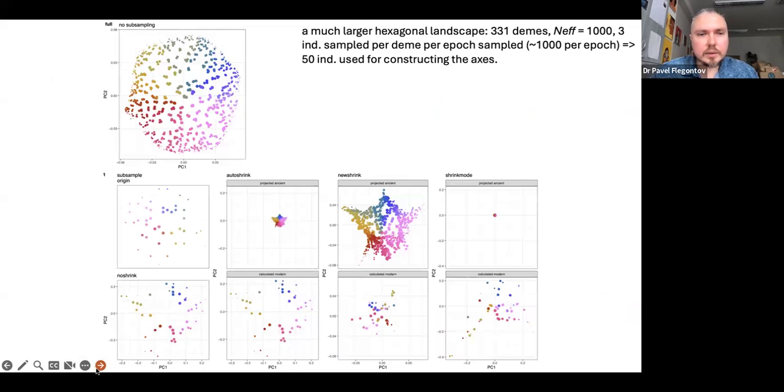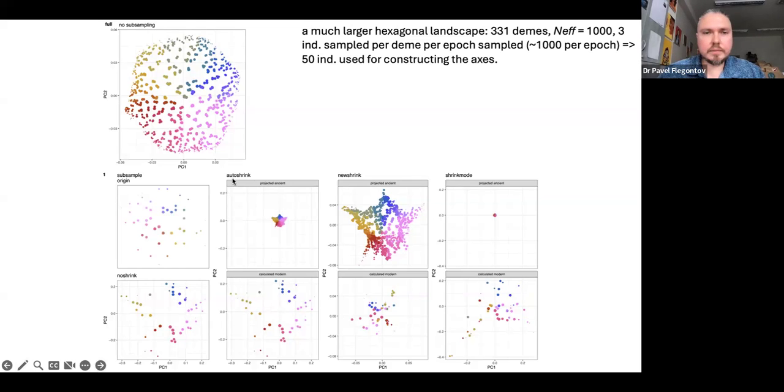So we explored 3 kinds of projection algorithms, because in Nick Patterson's SmartPCA, there is a so-called shrinkage correction algorithm that is almost always used for adjusting the positions of non-projected individuals in such a way that projected individuals don't look like a small blob in the center of the original space.